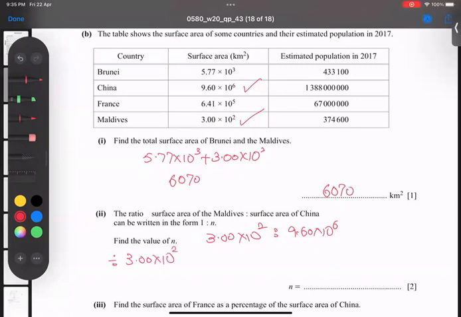When I divide like this, here becomes 1, and here if we type in the calculator, 9.6 into 10 to power 6 divided by 3 into 10 to power 2, the answer is 32000. So the n value is 32,000.